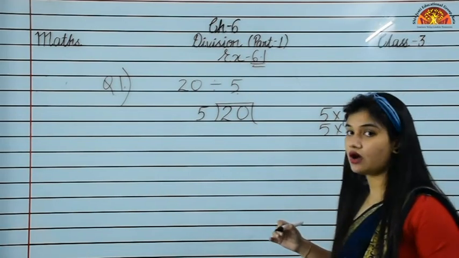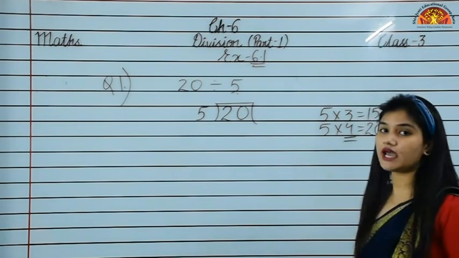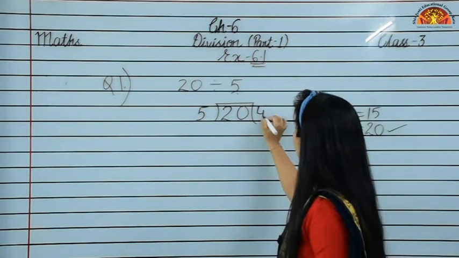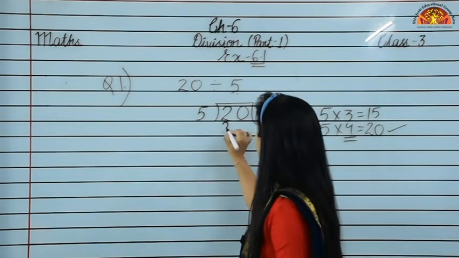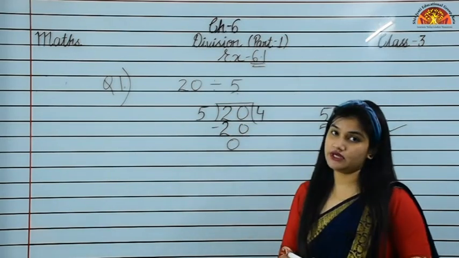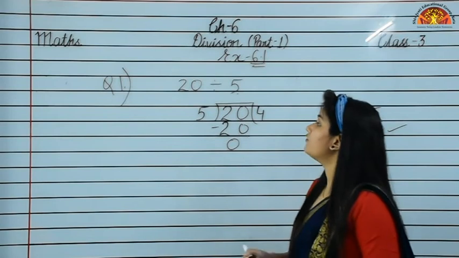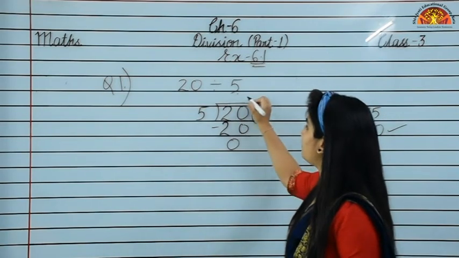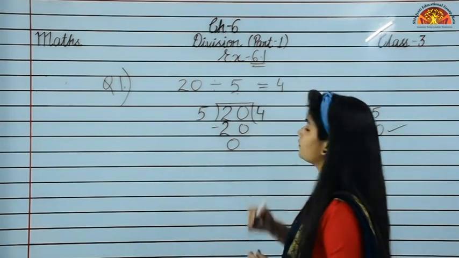Is it clear? So now we have to take 4 times 20. So 4 will write here and now here we will write 20 and the remainder will be 0. Is it clear students? So now when we will divide 20 by 5, we will get the answer 4.